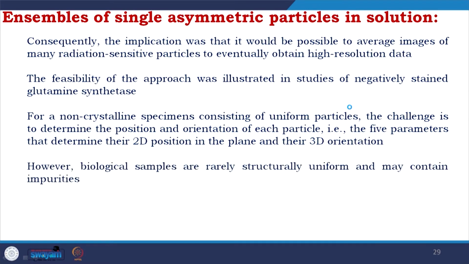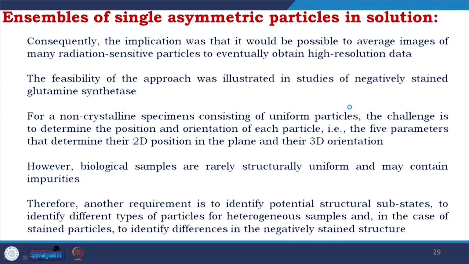However, biological samples are rarely structurally uniform and many contain impurities, as we know. Therefore, another requirement is to identify potential structural substrates, to identify different types of particles for heterogeneous samples, and in the case of stained particles to identify differences in the negatively stained structure.